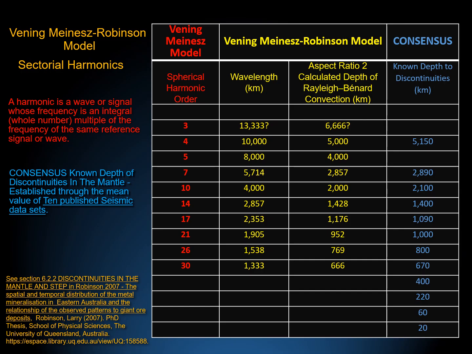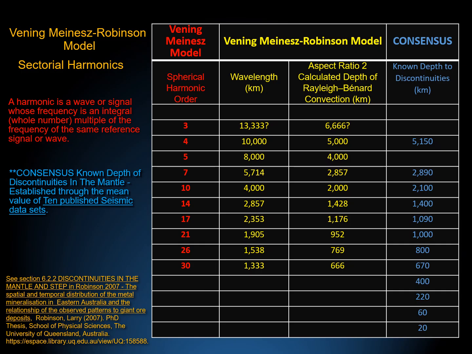This compares with a known depth to discontinuities from seismic data of 2,100 kilometers. There is no doubt that the two methods of determining the depth to discontinuities give similar, if not identical, results.